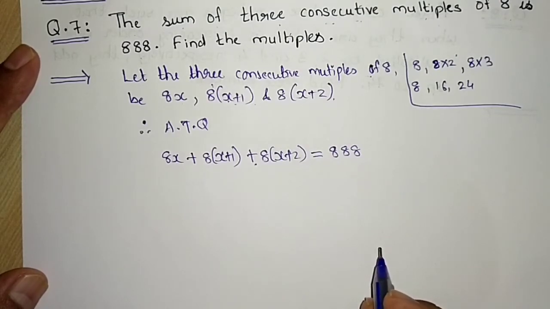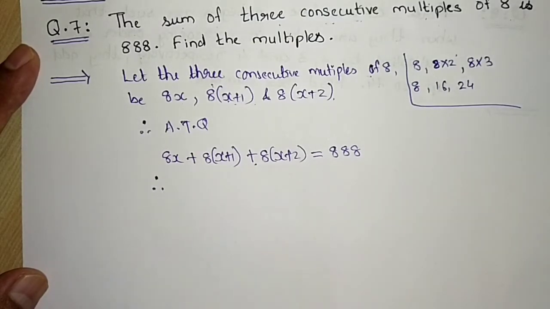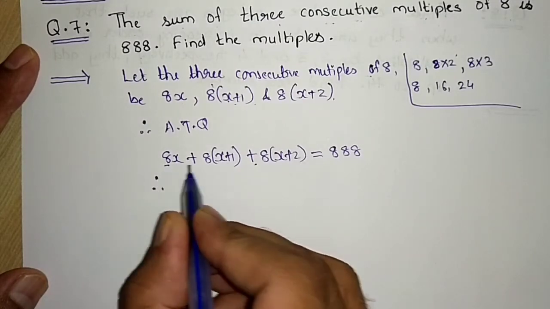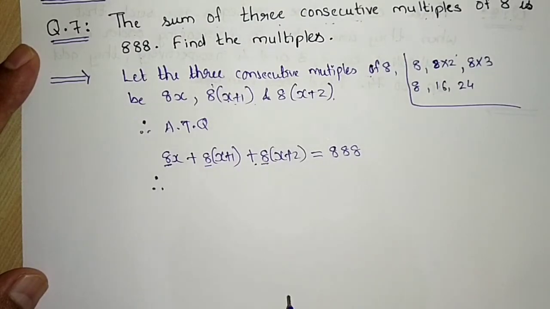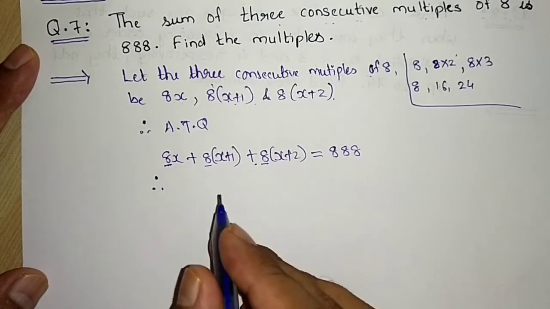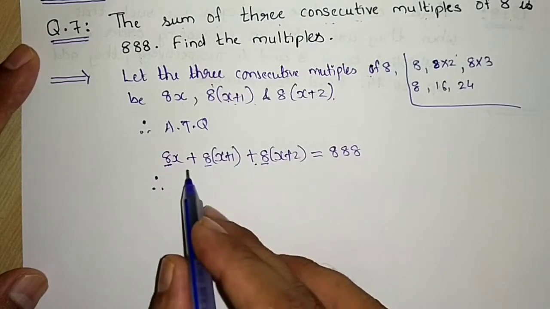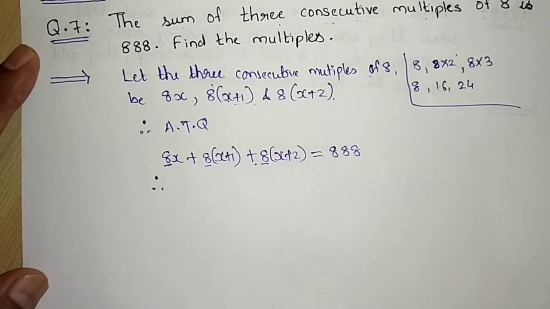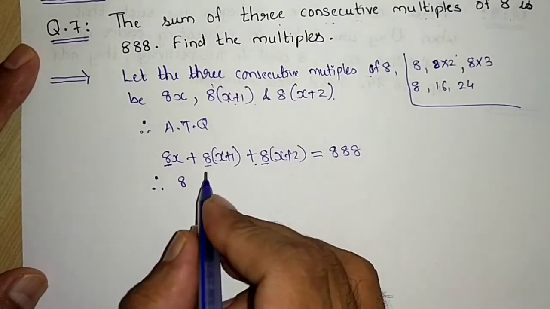Now what, students? Now you will open up the bracket, or if you don't want to open up the bracket, take the common 8 from each of them and put all of these in a bracket. So let us take 8 as common from each of them.